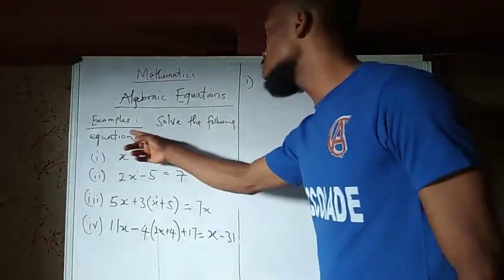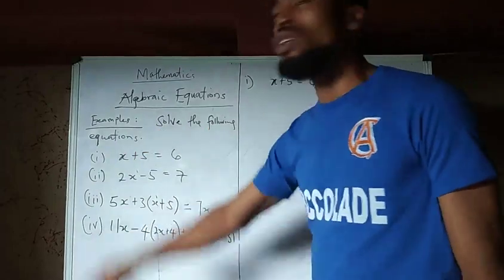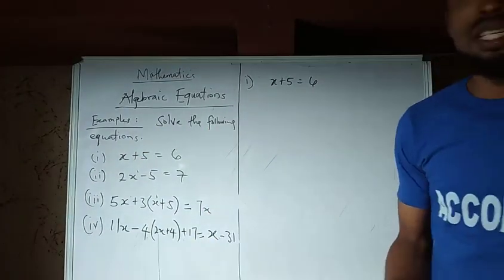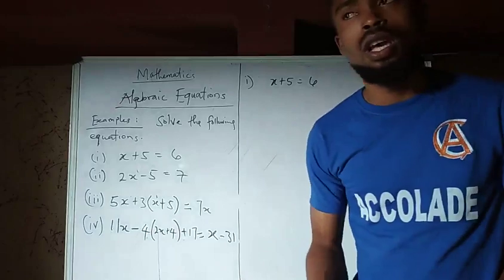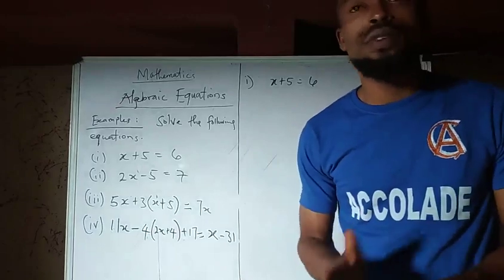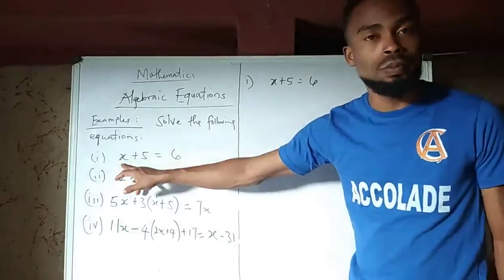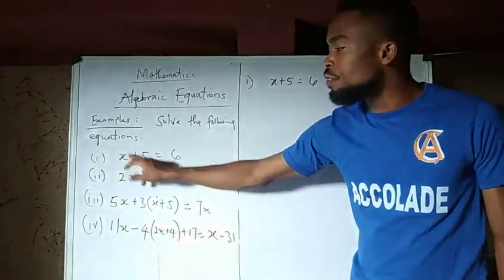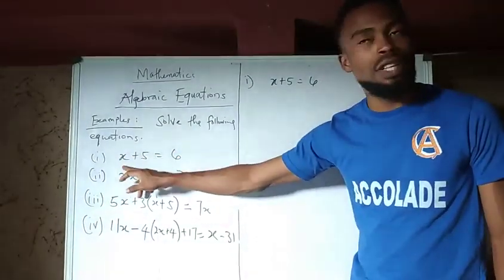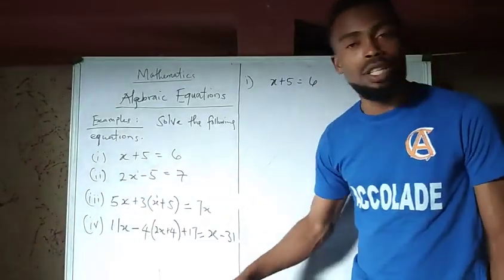And this question says solve the following equations. What does it mean when they say solve the following equations? Solve really means that you should find the value of the unknown, that's the value of the variable. This is called a variable. All the x here are called variables.